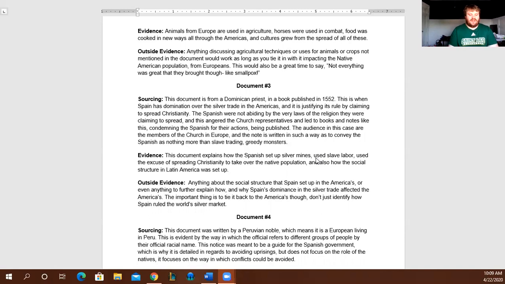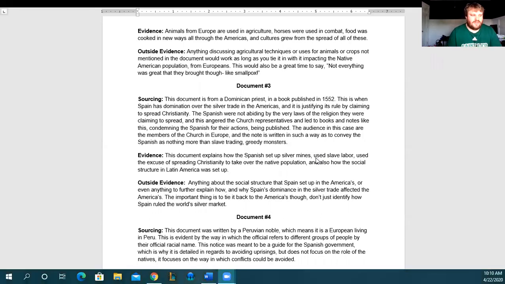So that would be the most direct way to use the evidence from here, but you could also look at some of the outside evidence points that are brought up here. So anything about the social structure that Spain set up in the Americas, like I said, or even anything to further explain how and why Spain's dominance in the silver trade affected the Americas.